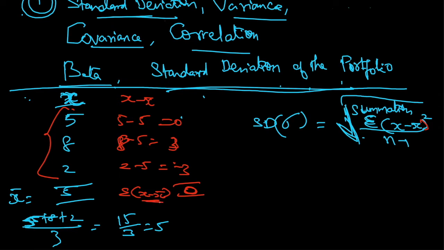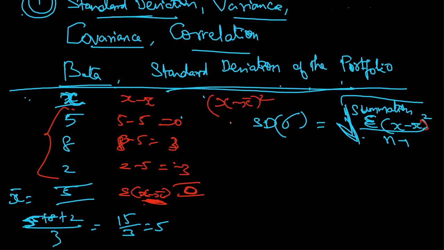This is already telling me the deviation, x minus x bar, how much x is deviating from x bar, which is what we wanted. But because this always gives me 0, I'm adjusting the formula and squaring it. So now instead of x minus x bar, I will do x minus x bar square.